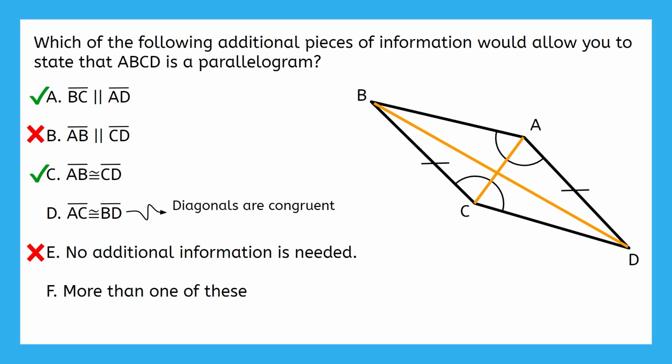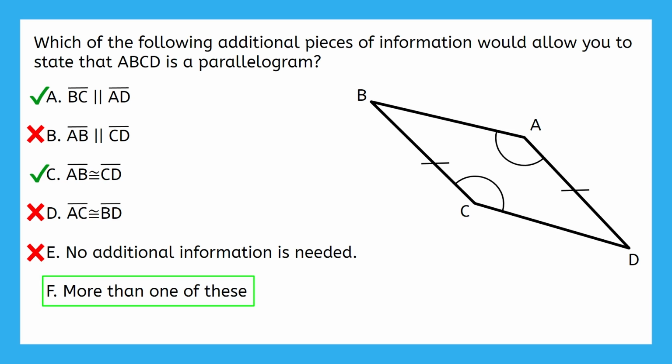They would have to bisect each other for the diagonals to matter here. So this answer choice is not correct. So, our final tally is that E is not correct because we can't already say ABCD is a parallelogram. A and C would each be enough additional information to state that ABCD is a parallelogram, and B and D are not. What's my final answer? More than one of these answer choices work because A and C would both be correct.